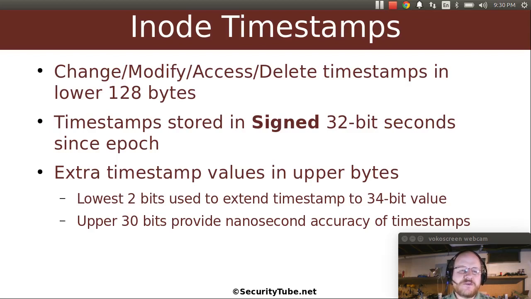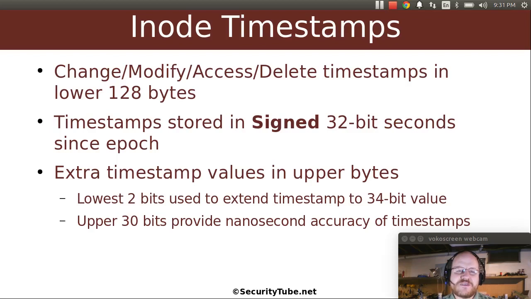What they do is the lowest 2 bits out of a 32-bit value are used to extend that timestamp to a 34-bit value. Currently the 32-bit values will overrun in about 2038. By extending it by 2 bits, it won't overrun until past 2400 something.